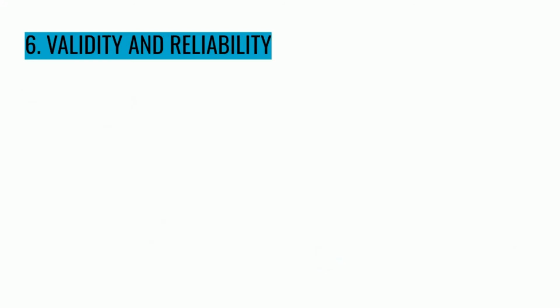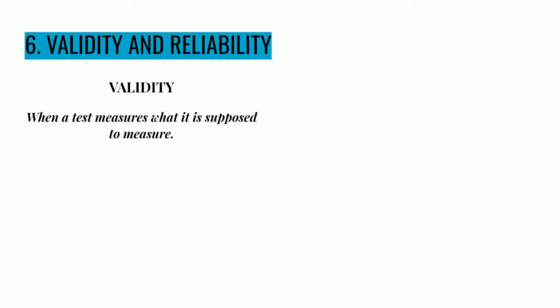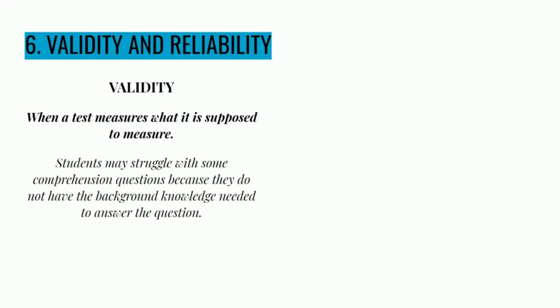Now let's take a look at validity and reliability. These are two concepts that you need to keep in mind when you are performing reading assessments. Validity is when a test measures what it's supposed to measure. In other words, students may struggle with some comprehension questions, not because they didn't understand what they read or that it's a frustrational reading level, but rather because they don't have the background knowledge needed to answer the question.